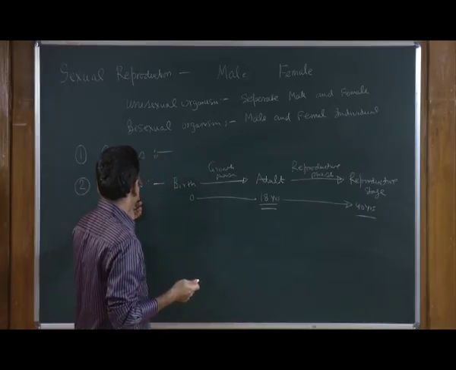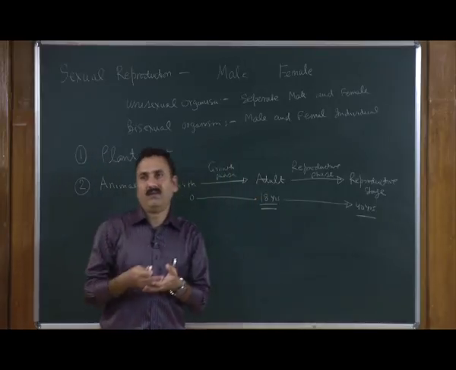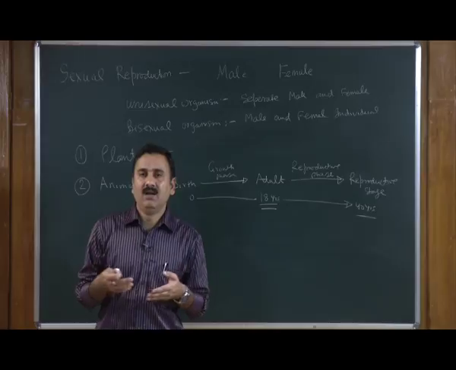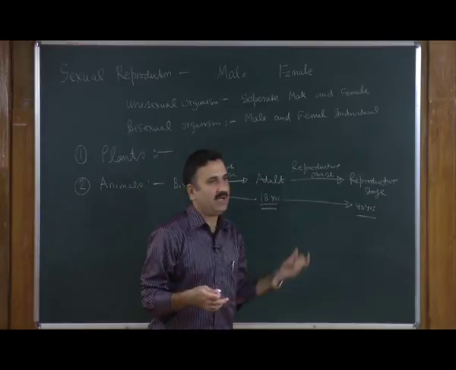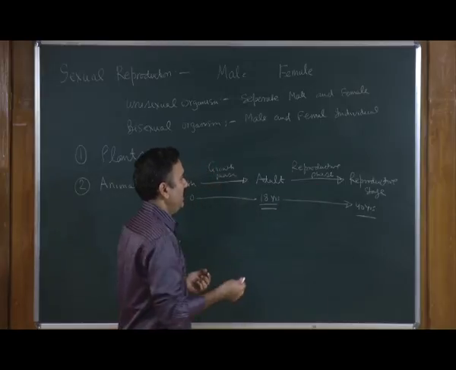And there are animals which show this in terms of seasonal variation. Some animals have a reproductive phase that is only active during the summer, and in some cases only during the winter.